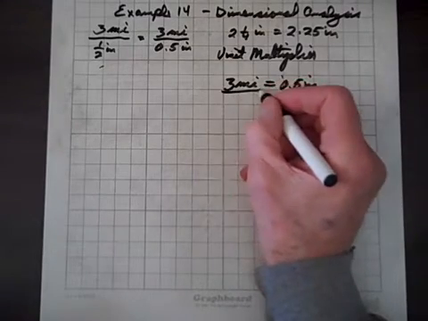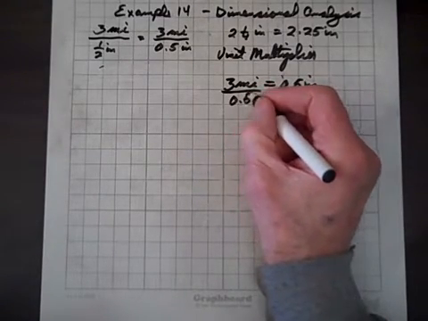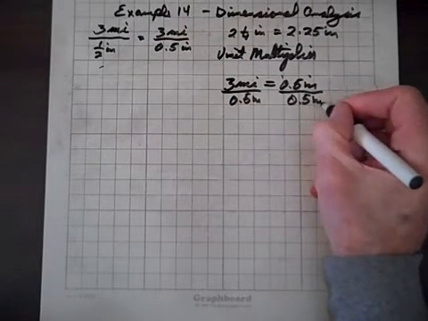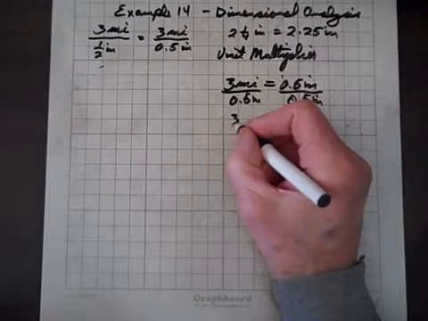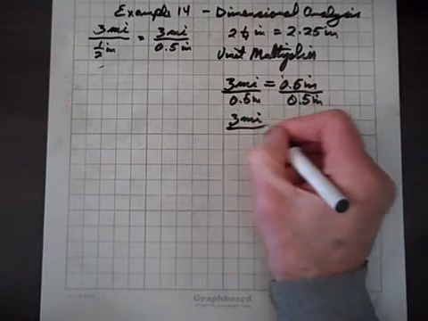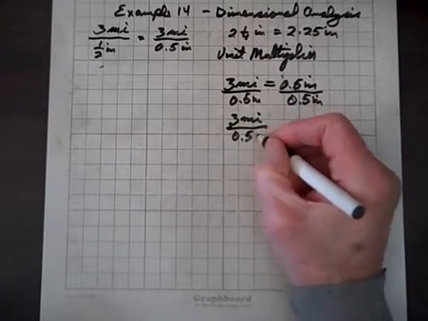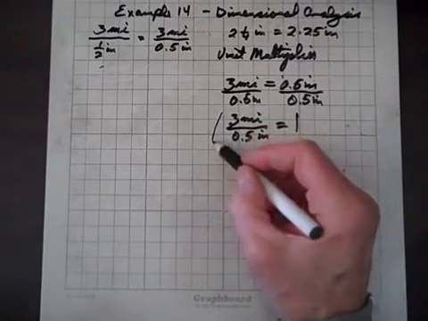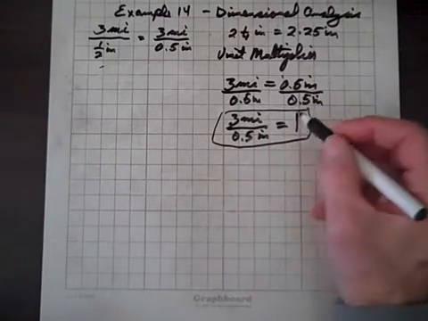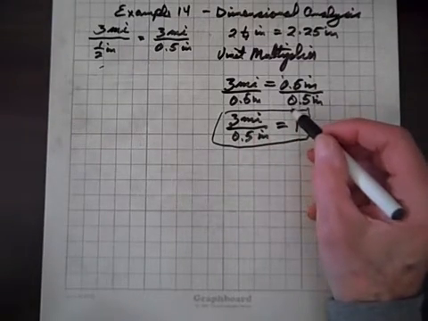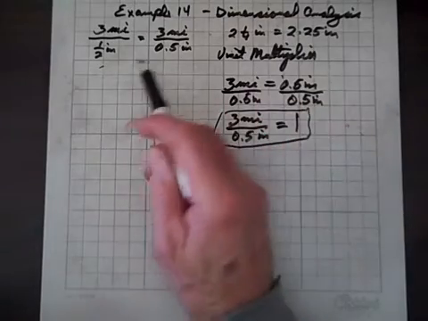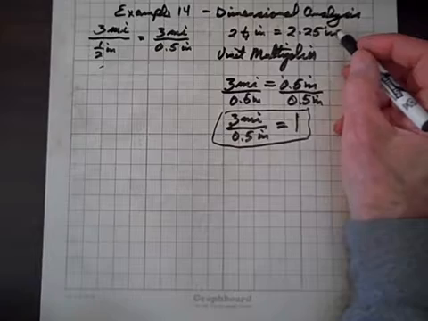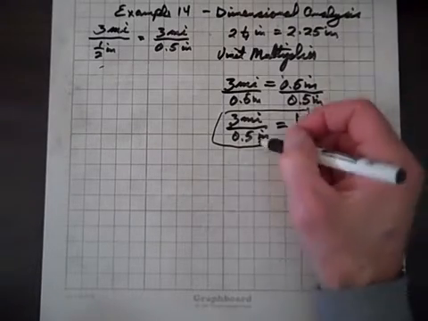Now if we divide both sides by 0.5 inches, what we get is 3 miles over 0.5 inches, which equals 1. Therefore, this is a unit multiplier, because it equates to 1. So relative to this problem, we can multiply a piece of data by 1 in this form.